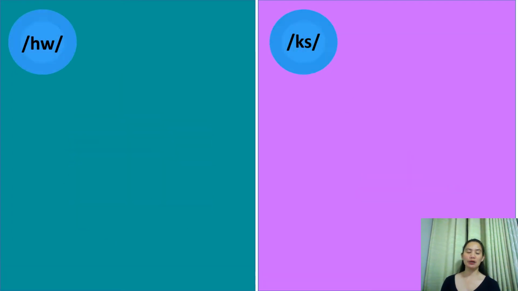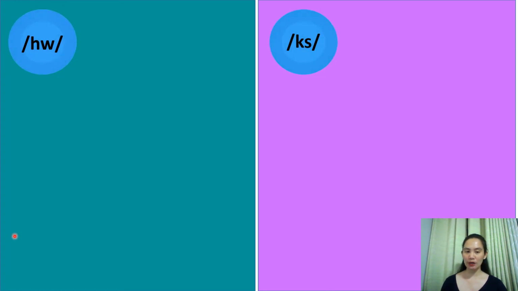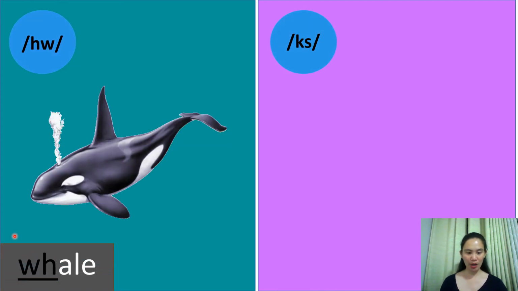Now let's go to the next pronunciation symbols for consonants. We have the symbol of the sound of hw and the symbol for the sound of x. For the sound of hw, we have the words with the digraph WH, like in the word whale.